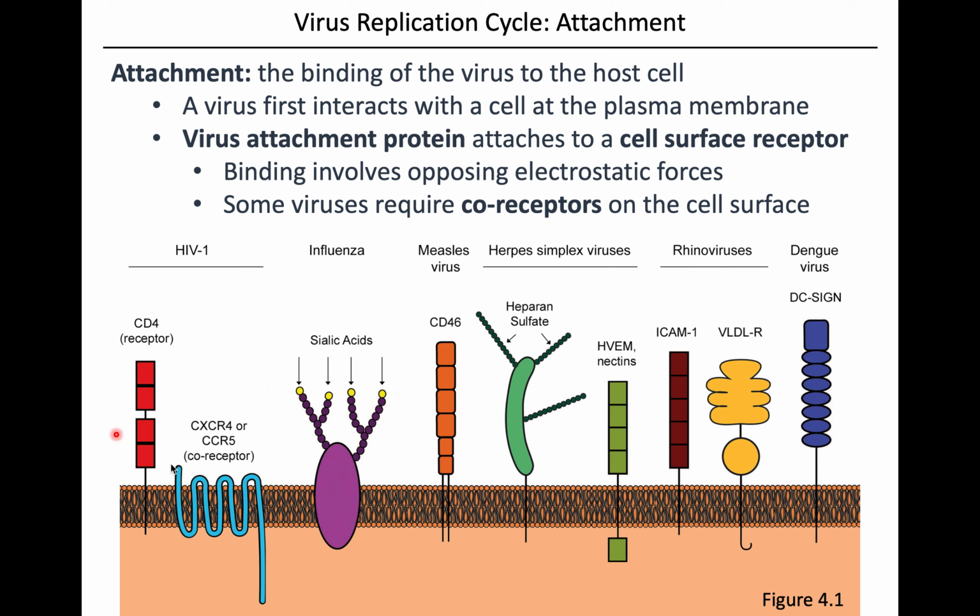And you see a handful of images here of different known cell surface receptors that viral proteins interact with. Some viruses, famously HIV, for example, will require co-receptors. So for HIV, there's CD4, which is recognized as the main receptor, and then this CCR5, sometimes called CXCR4, is the co-receptor.